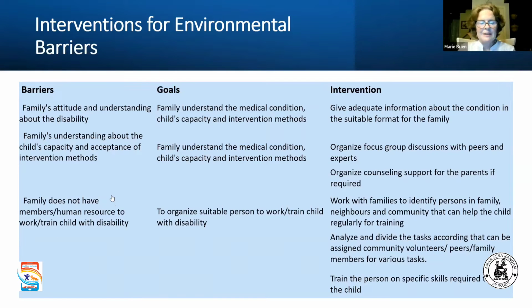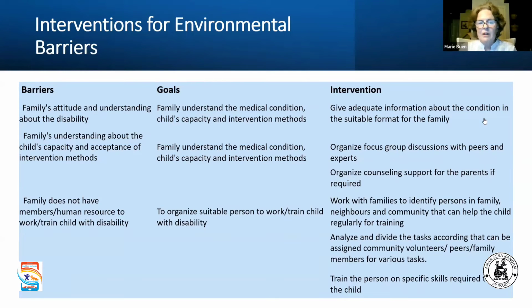The way our app is designed is that we identify the barriers, and that leads us to goals, problems that need to be addressed. For example, if the family's attitude and understanding about the disability is a barrier, we will have a goal to work on this area by providing adequate information about the condition in a suitable format, understandable by the family.